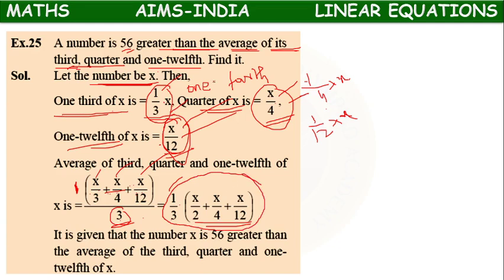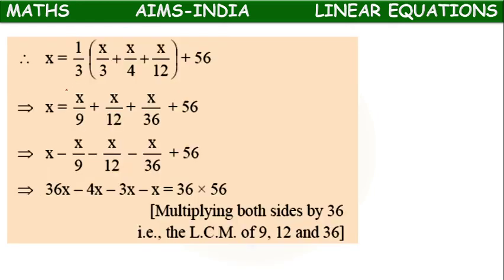But what they have given is that the number is 56 greater than the average. So the number x is 56 greater than the average of these three. So we can add plus 56 to the average.